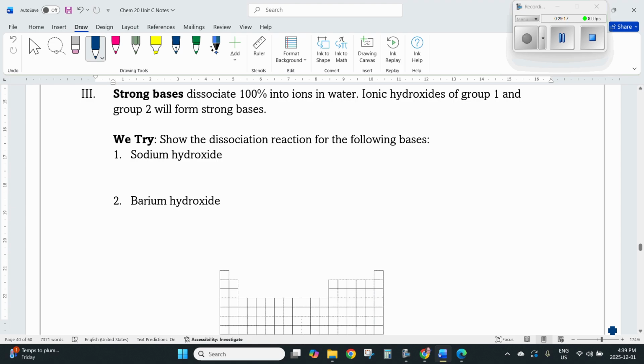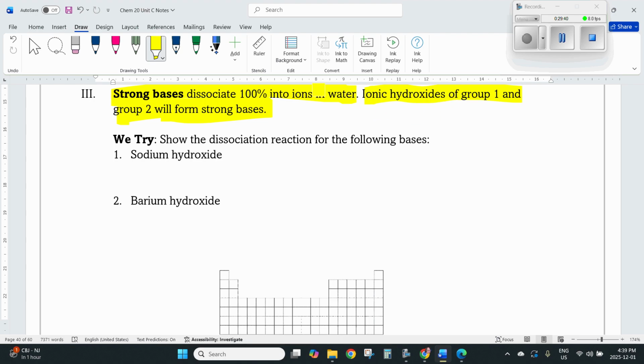Okay, our next one is strong bases. So strong bases are going to dissociate 100% into ions in water. Any strong base is an ionic hydroxide of groups 1 and 2 with a hydroxide.